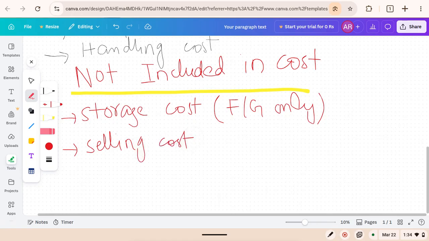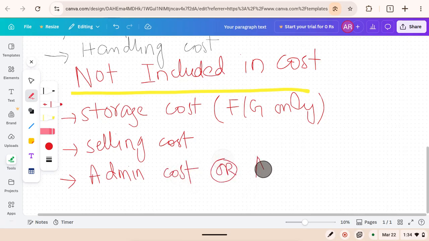Selling cost will not be the part of the cost. Admin cost or administrative cost, not a part of the cost.